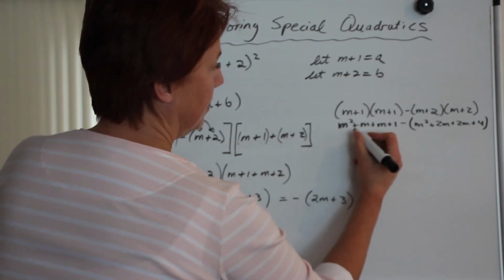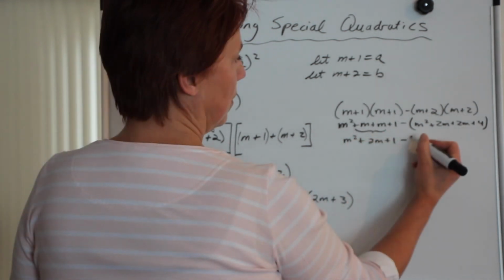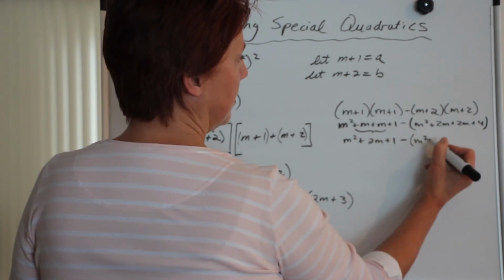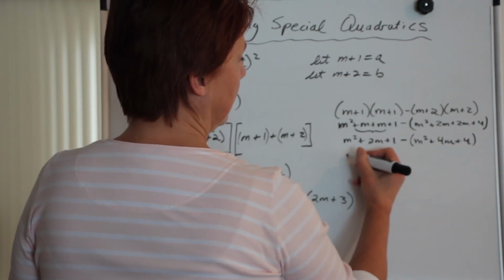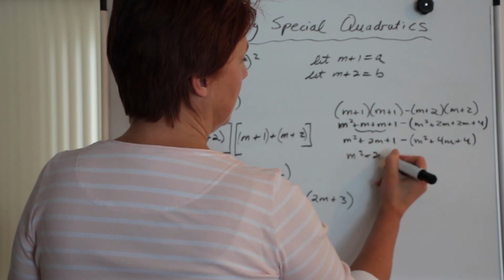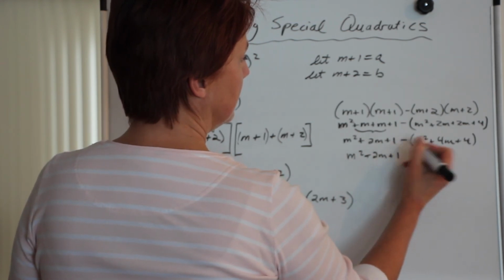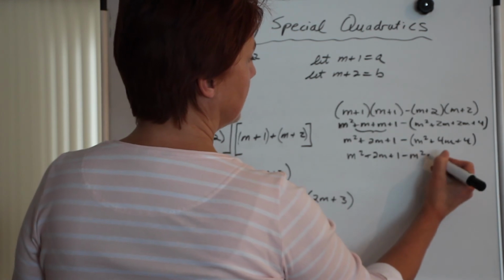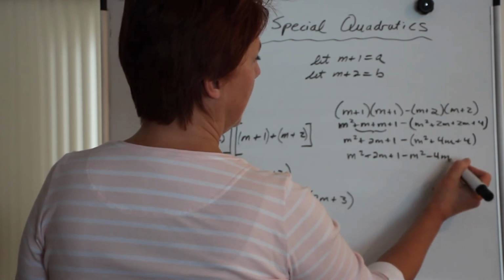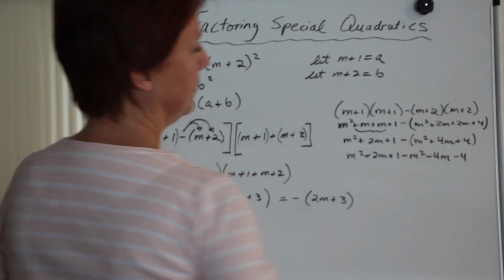Okay, I'm going to bring these two terms together. So here I'm going to go m squared plus 4m plus 4. And then I'm going to multiply through this negative 1, and that's how I'm going to get rid of these brackets. Minus m squared minus 4m minus 4.